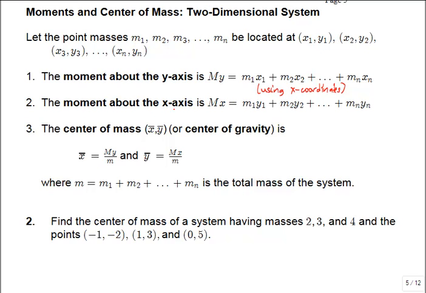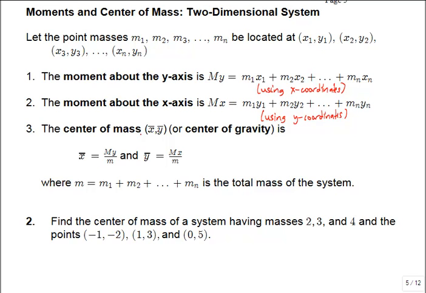Similarly, the moment about the x-axis is going to be m sub x, and it'll be m1y1 plus m2y2 up through m sub n y sub n. And this one uses the y coordinates, and that's because the distance that these masses are from the x-axis is going to be their heights, which are these y values.